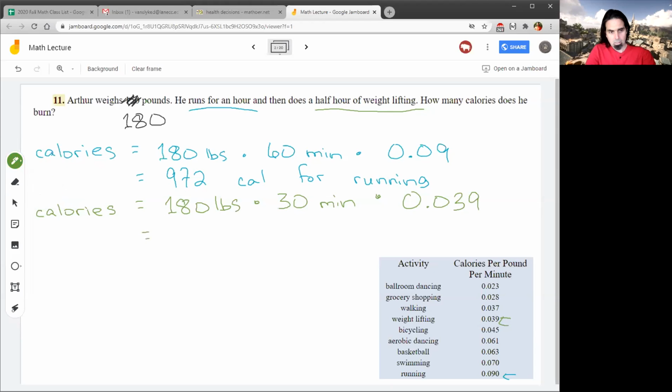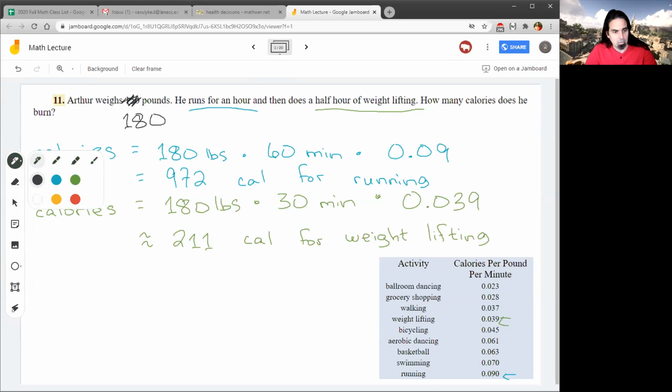And the second part, 180 times 30 times 0.039 is about 211. Add them to get 1,183.